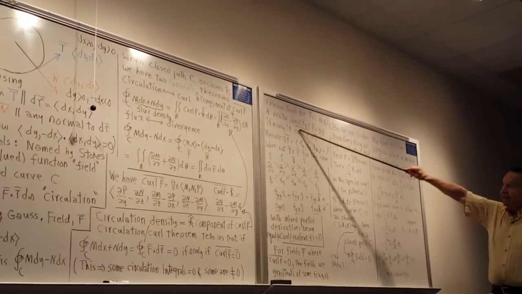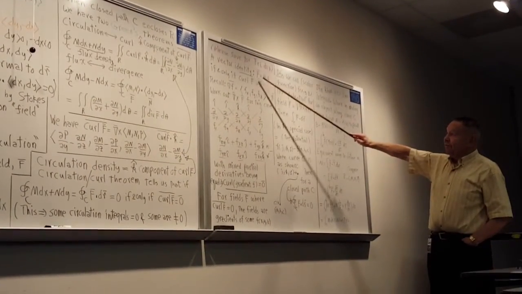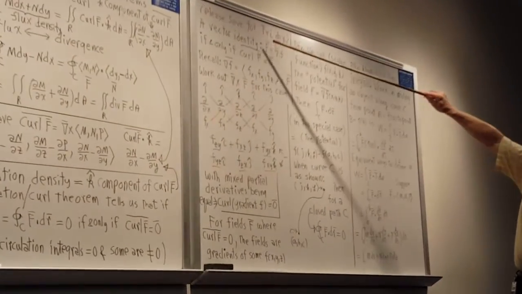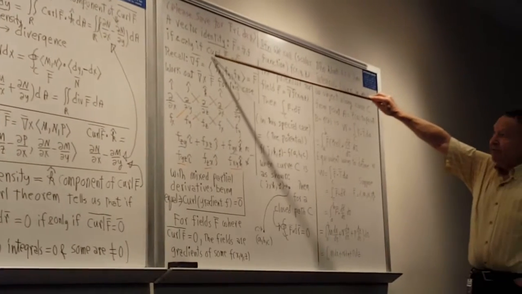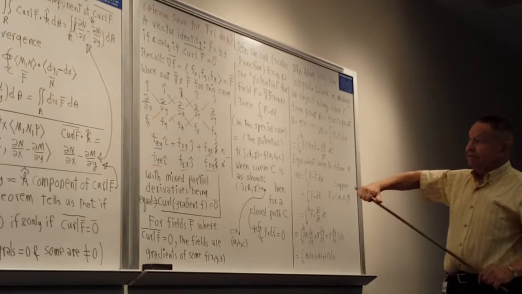A vector identity that's important here is that if your field is a gradient, that's if and only if the curl of the field is the zero vector.